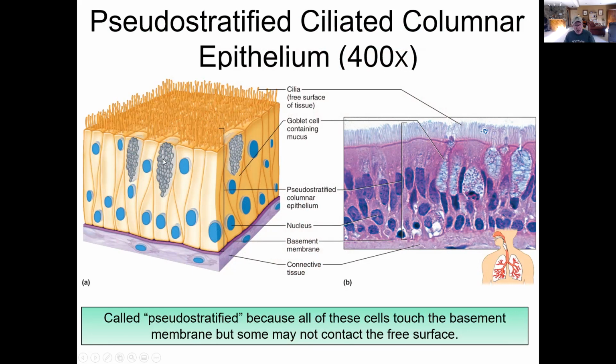In reality, all of these cells touch the basement membrane, but not all will necessarily reach the free surface like we see with these four cells. They don't quite make it to the top. Most of the cells do have an apical surface, but not all of them do. And notice again the staggered nuclei give the false impression of multiple layers, when in essence you only have one layer.